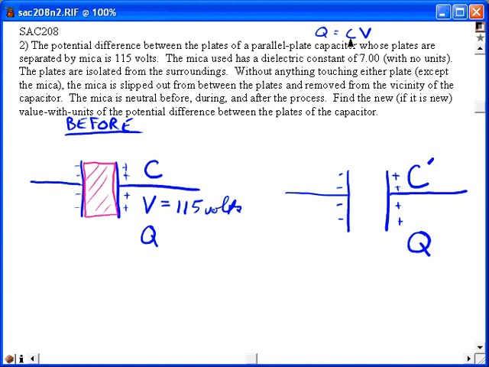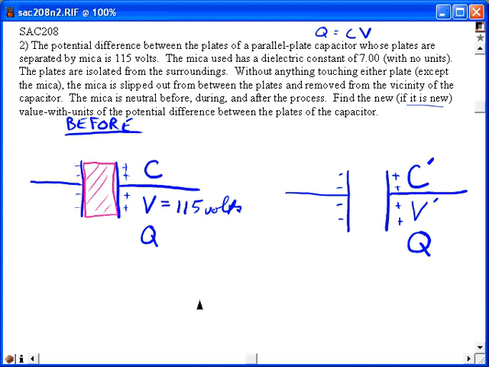So for instance, if C decreases, then V has to increase in order to keep the product at the same value of Q. And the Q stays the same. The amount of charge on the capacitor stays the same because there's no place for it to go. So we will have a new voltage, call it V prime, and indeed that's what we're looking for, the new potential difference between the plates of the capacitor.